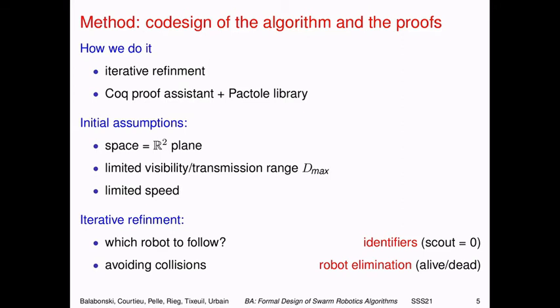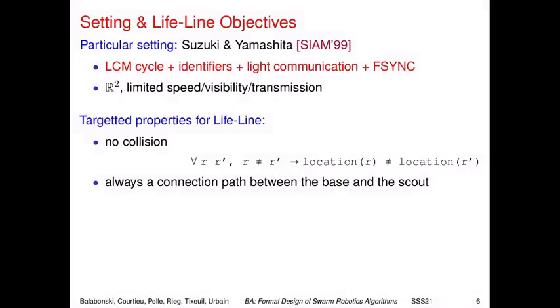But when you introduce this idea of removing robots from the algorithm, then you have issues with maintaining connection. And to solve that, the robots must warn their neighbors that they may need to withdraw, so that preserving the connection should be done without taking them into account. And so there is a form of communication with the so-called luminous variant of the Suzuki and Yamashita model. Overall, we use the look, compute, move cycles with identifiers and communication using lights.